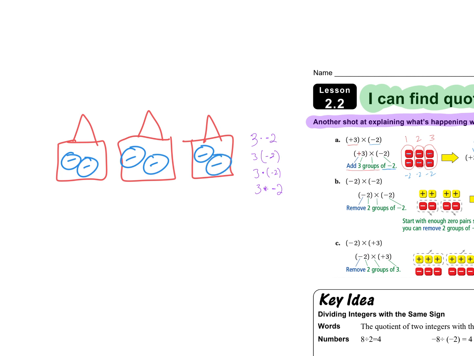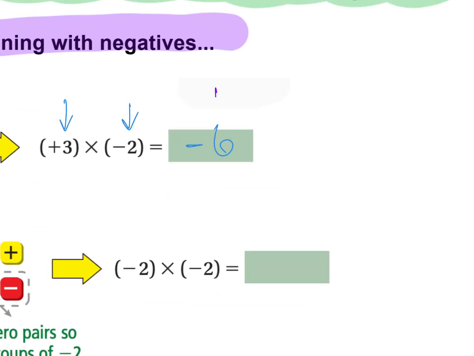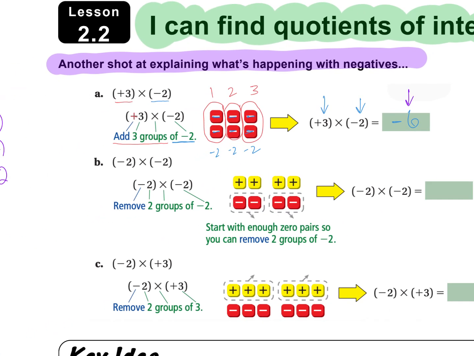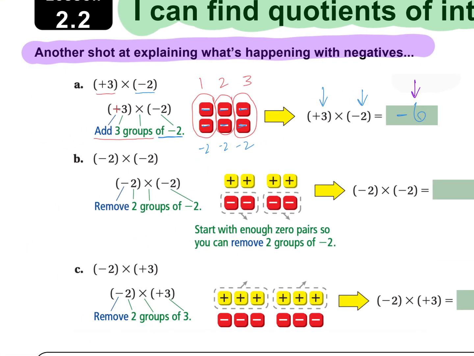How many insults am I about to hand over to you? 6 of them, right? We have 6 insults in the end. Maybe this is helping you solidify that positive times negative is negative.